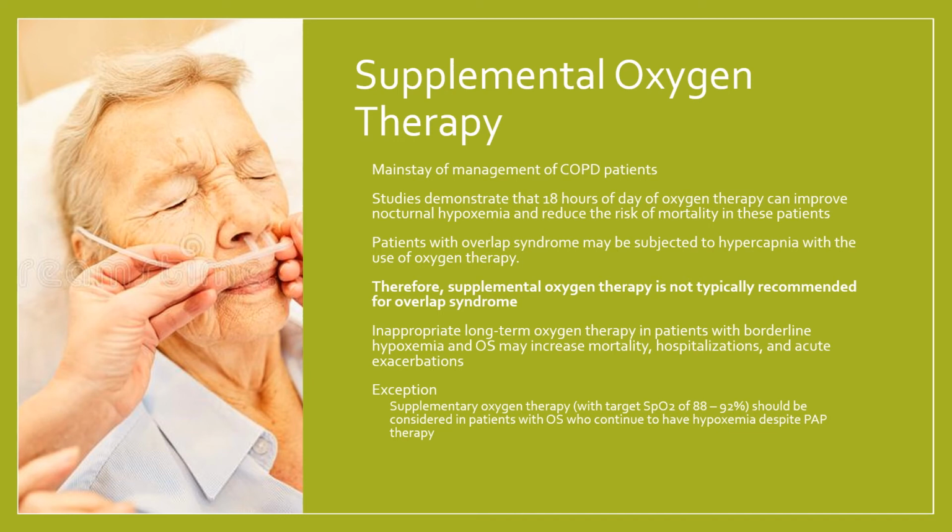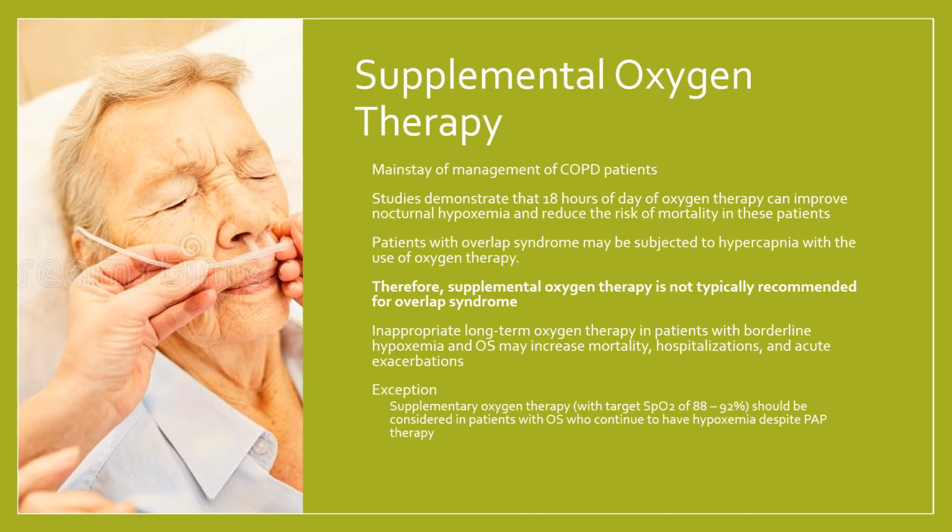But there is an exception. Patients with overlap syndrome may be subjected to hypercapnia with the use of oxygen therapy. They found that many of the patients who have overlap syndrome also have hypercapnia. Therefore, supplemental oxygen therapy is typically not recommended for overlap syndrome.